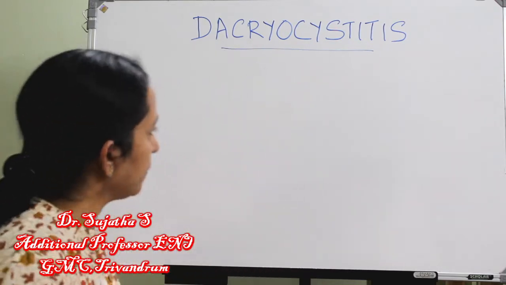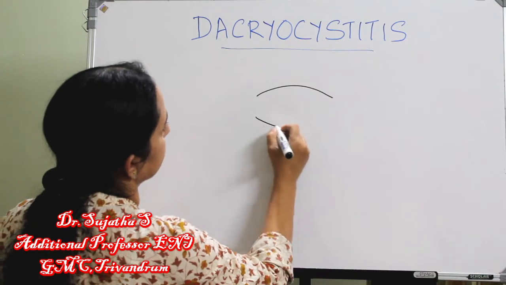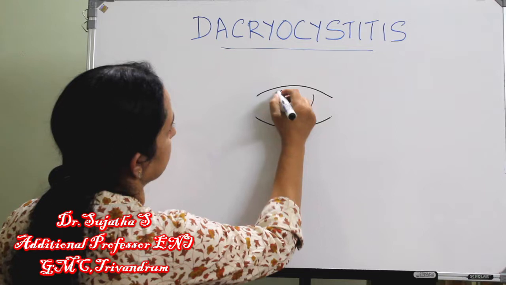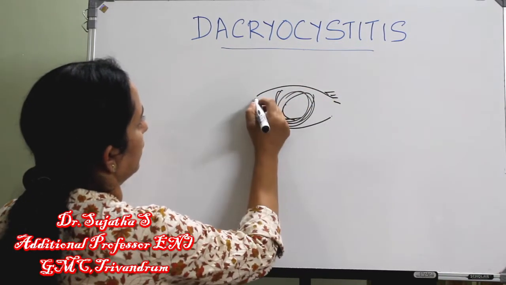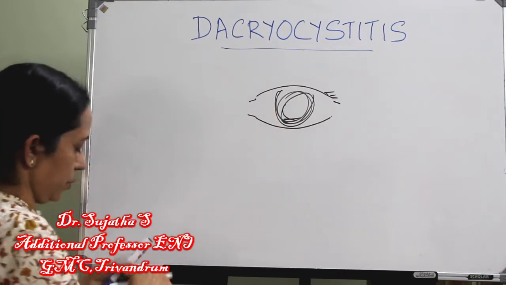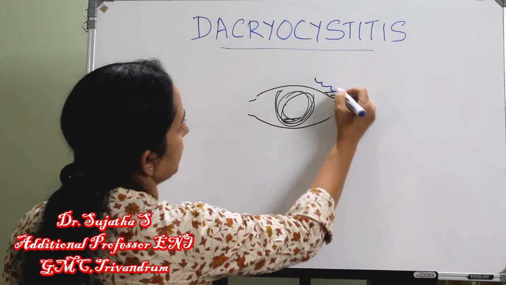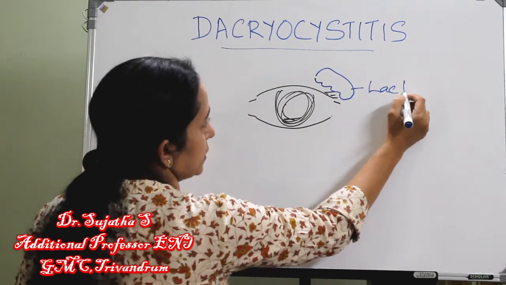Okay, so on the left eye, the lacrimal gland is situated here on the lateral surface.